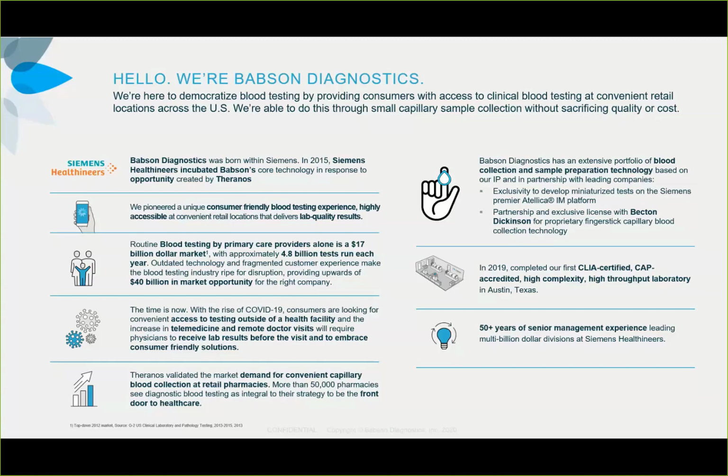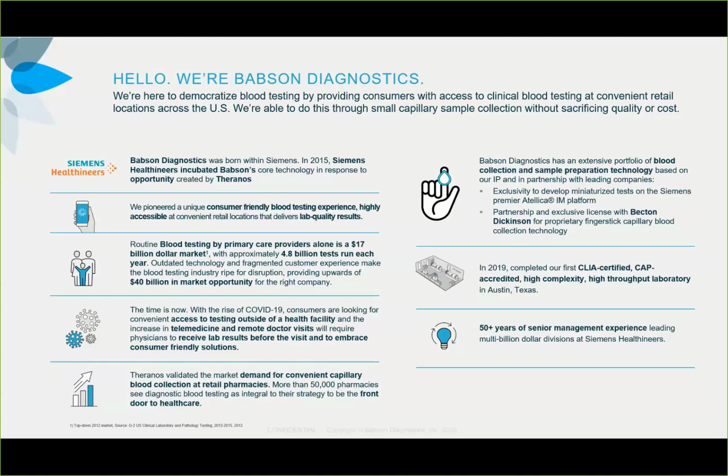The federal government's initial response was to decentralize blood testing now that patients were afraid to go to the doctor, and set up the specimen collection facilities at convenient locations that would minimize both the healthcare provider and the patient's exposure to the virus. This absolutely fit in with the Babson business model, and we have rapidly developed SARS-CoV-2 antibody tests as a result.